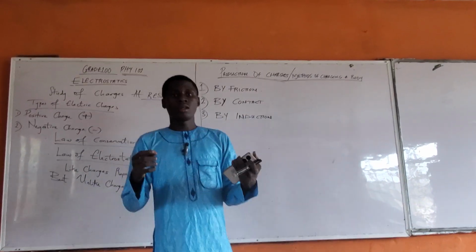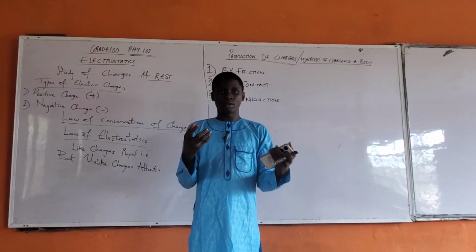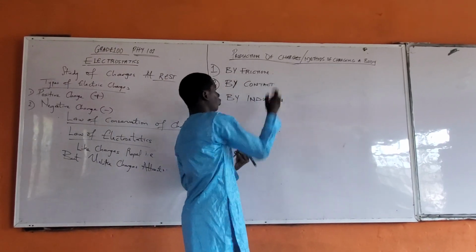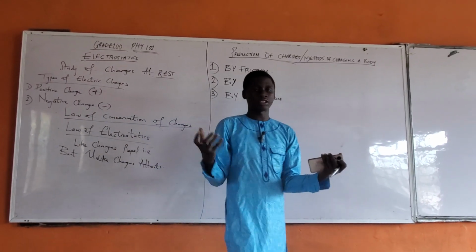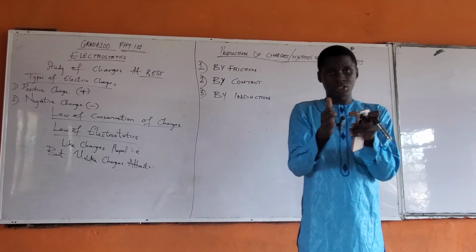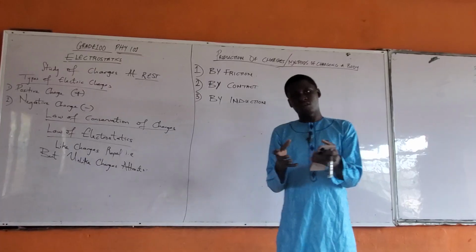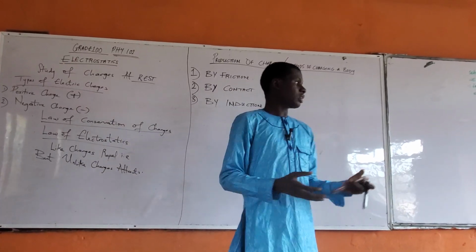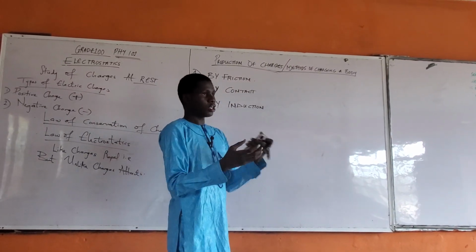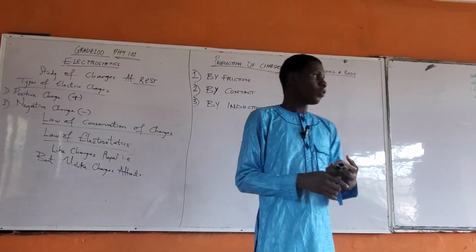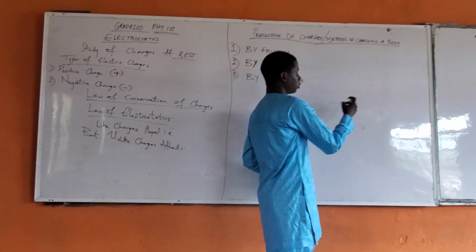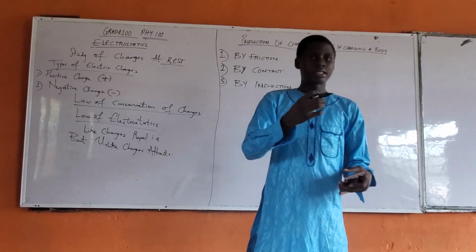Friction is used when we have two uncharged materials, and you rub the surface of one material against the surface of the other material. What happens there is that there will be a transfer of charges. Even when you say something is a neutral body, we still have charges there.